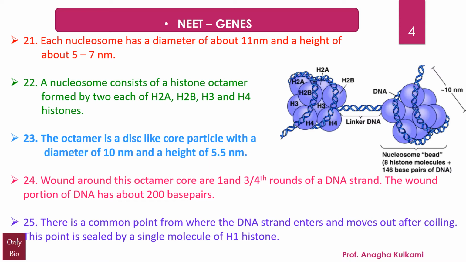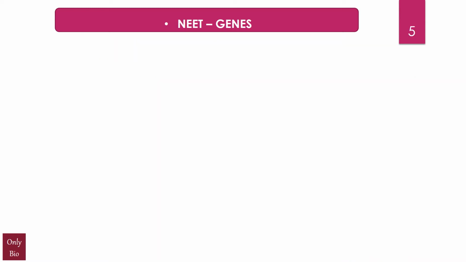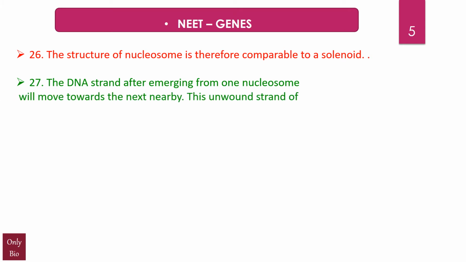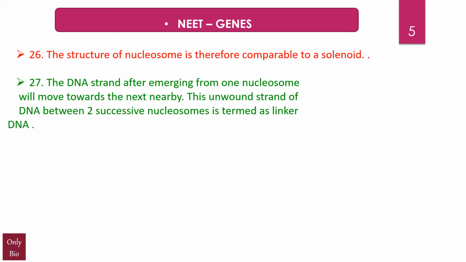Please zoom in and look at the picture. Next, the structure of a nucleosome is therefore comparable to a solenoid. Next, the DNA strand after emerging from one nucleosome will move towards the next nearby one. This unwound strand of DNA between two successive nucleosomes is termed the linker DNA.